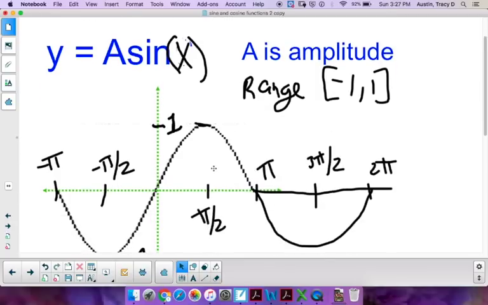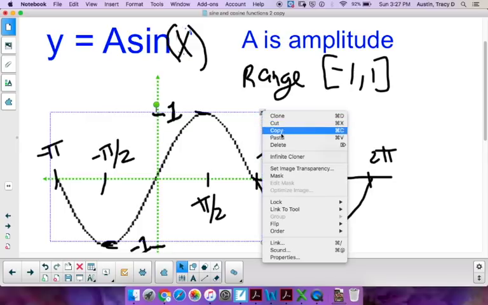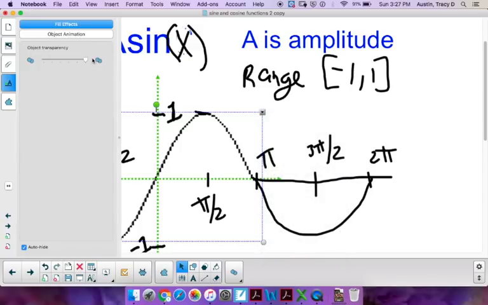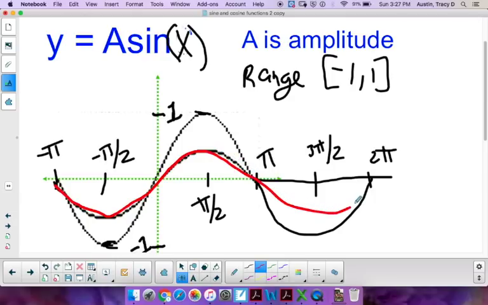All right, so let's just say, for instance, because I can, and I'll trace it in red just to make sure you can see it. Okay, so that function, if you compare it to the original sine function, has been changed.